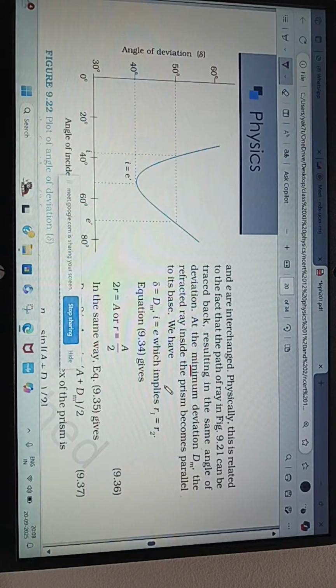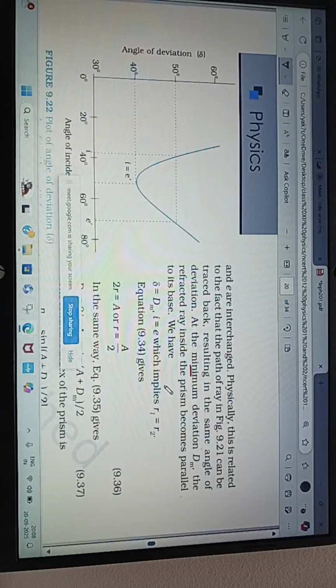It is the angle made in the prism at which the incident angle is equal to the emergent angle and r1 equal to r2.